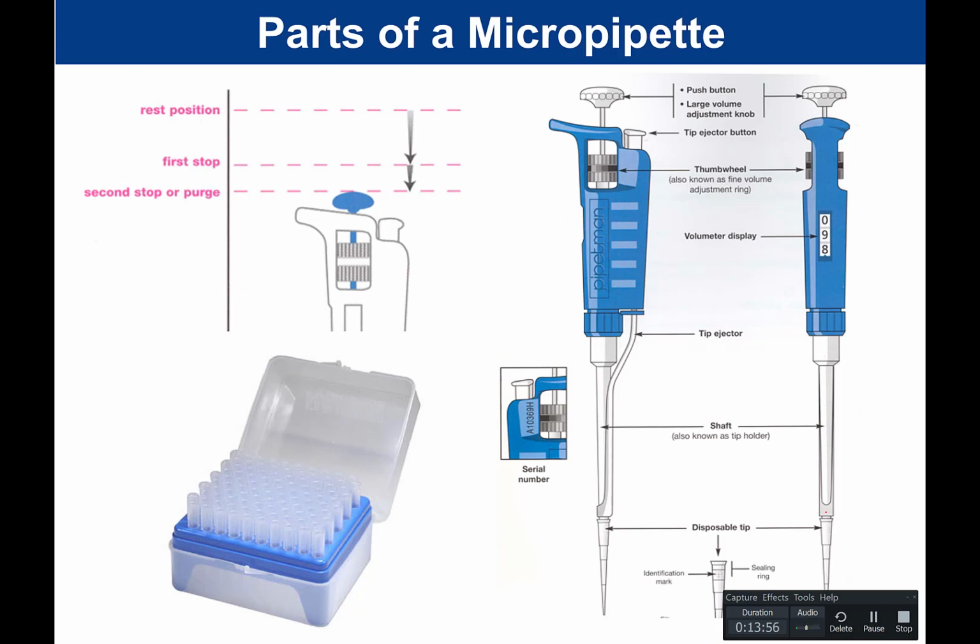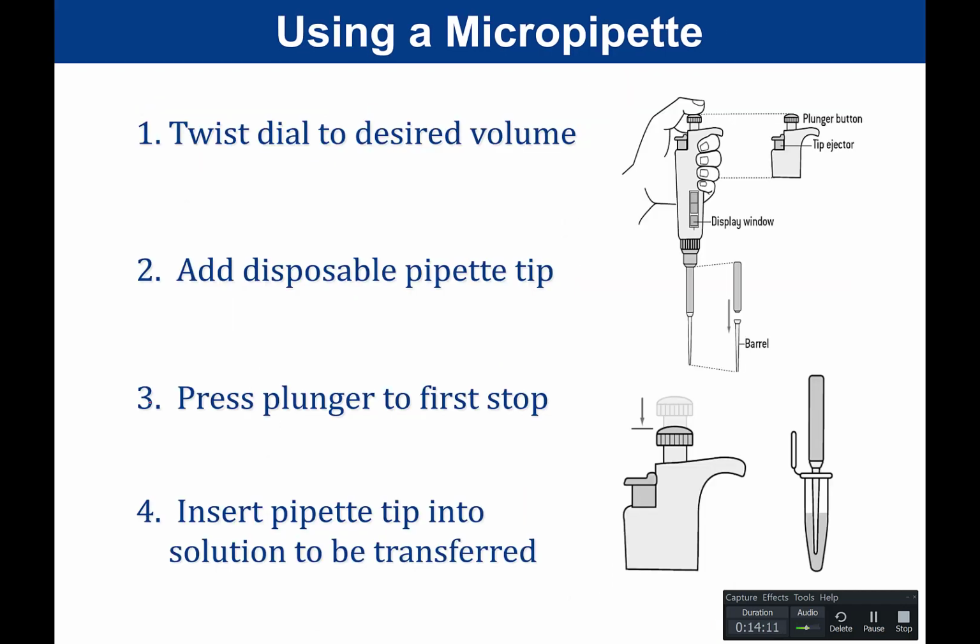I will make a video demonstrating using a micropipettor as well as doing the standard plate count. But you already saw in that previous video an example of how to use your micropipettor. So the way that we use our micropipettor is that we have to start by twisting the dial to set the appropriate volume.